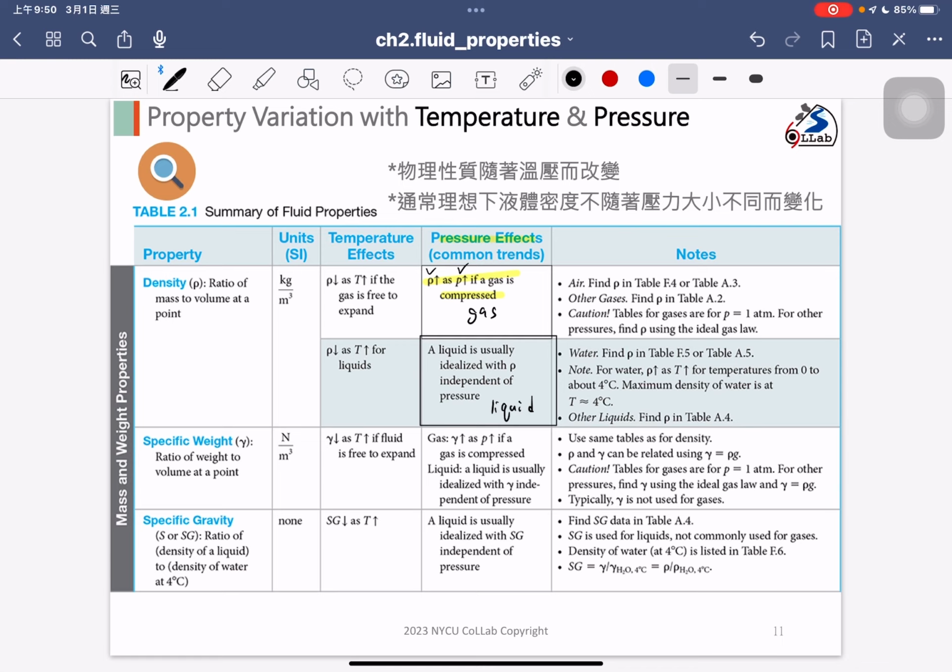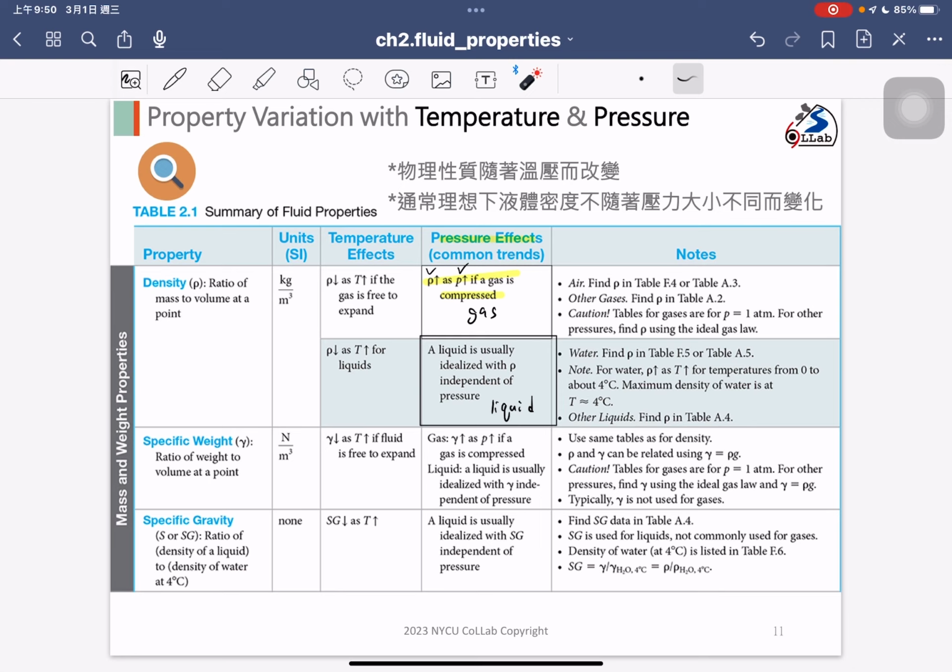And then the density doesn't change. Okay? So in other words, this indicates the liquid is very difficult to compress, resulting in the density being independent of the pressure for the liquid.